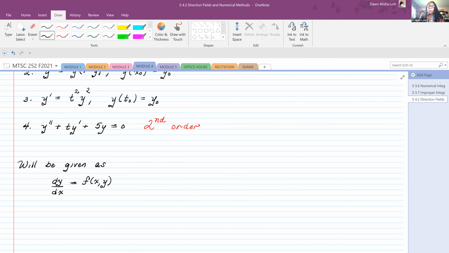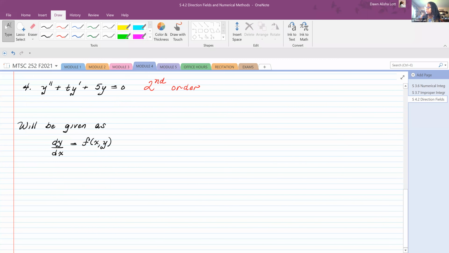And you have to go back and find what the function actually looks like. Okay, so this is what we have as a problem. And sometimes you may or may not be given the y of x naught is equal to y naught. If you don't have that, you're going to get a general solution. If you're given y of x naught equals y naught, you're going to have a specific solution.